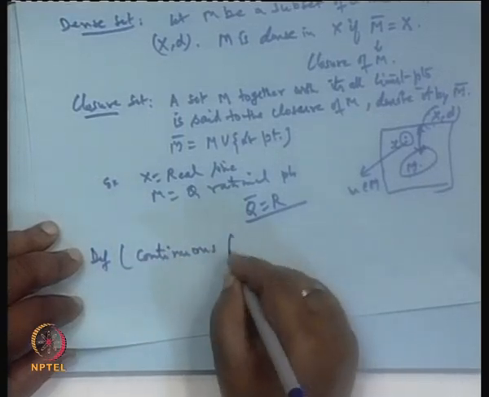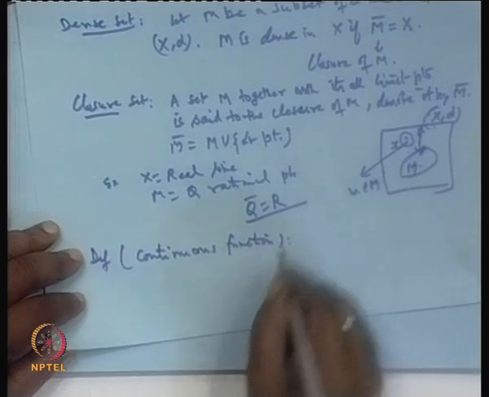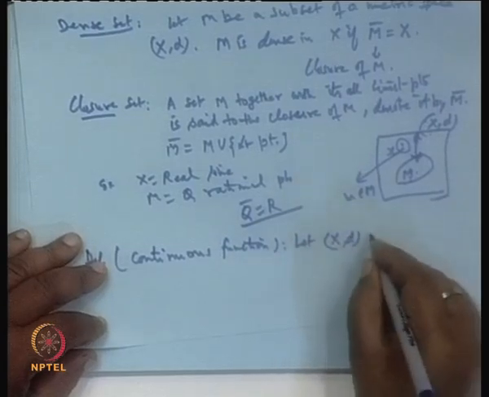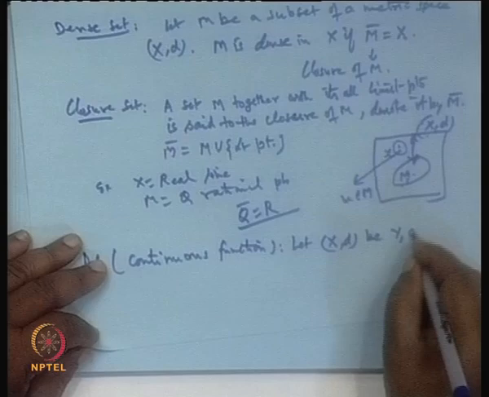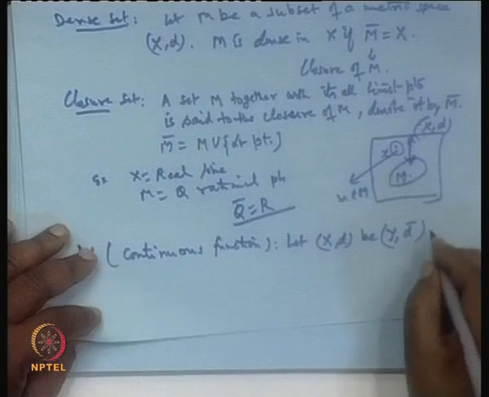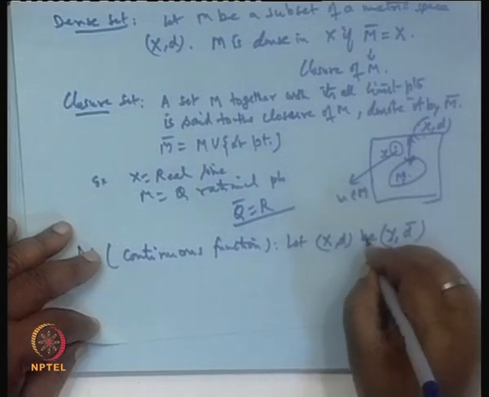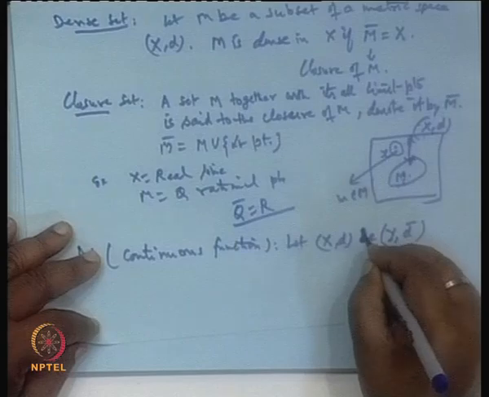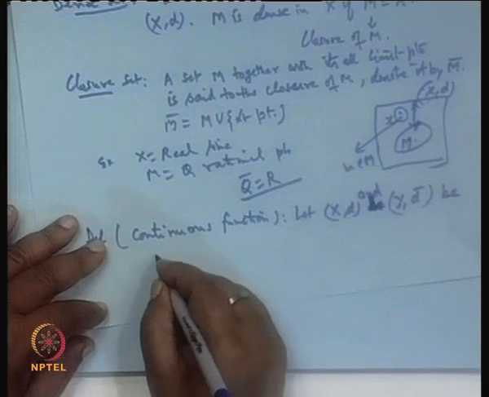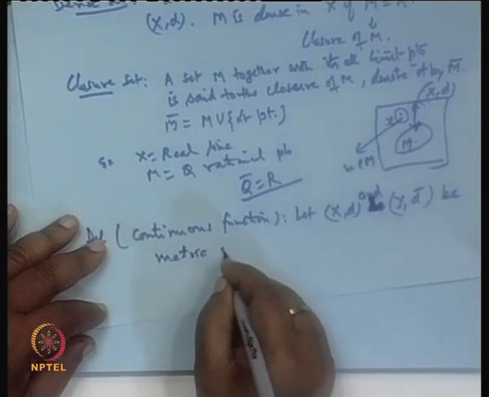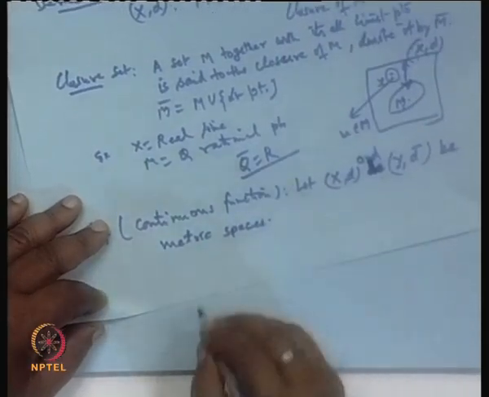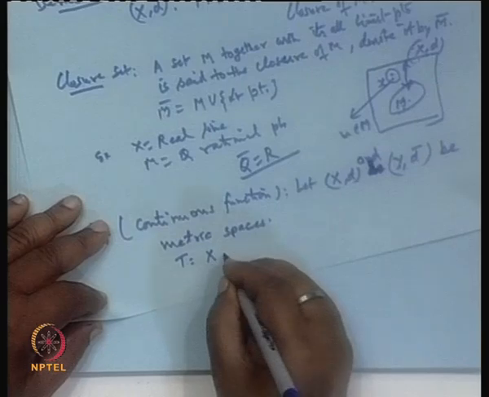Continuous function: let (X, d) and (Y, d bar) be metric spaces, and T is a mapping from X to Y.